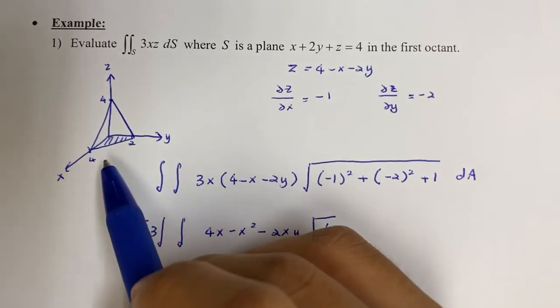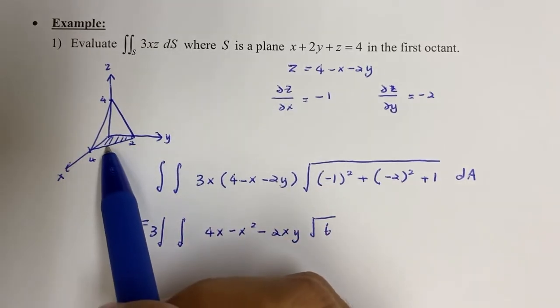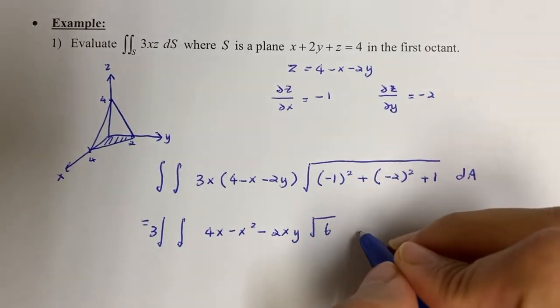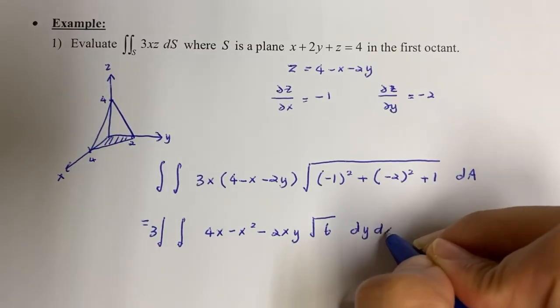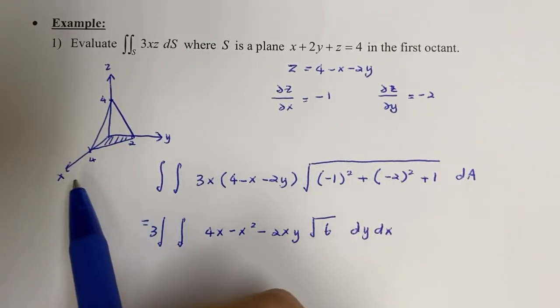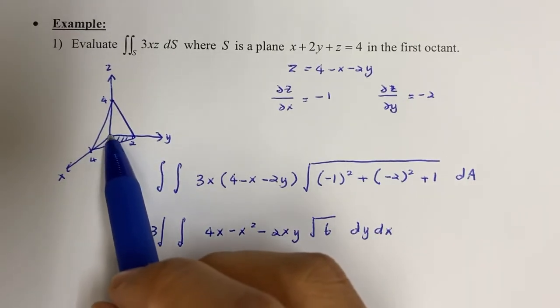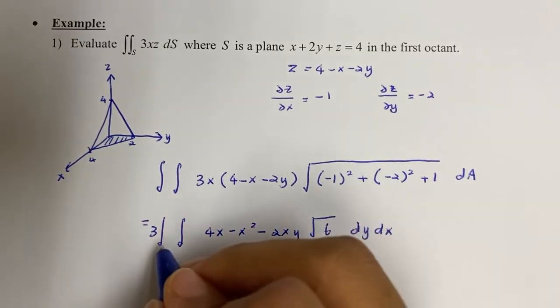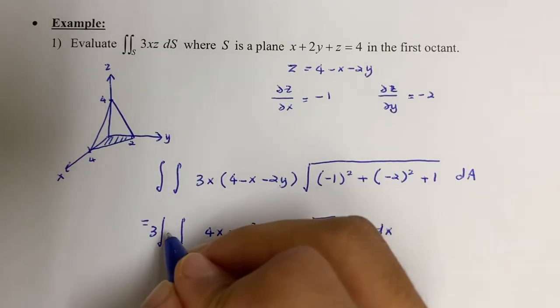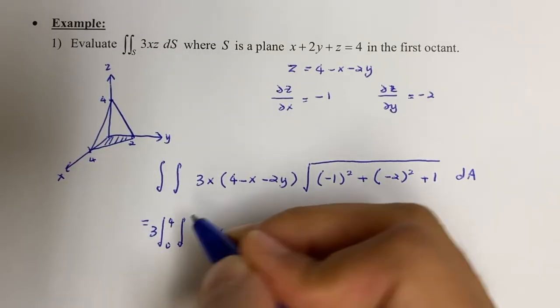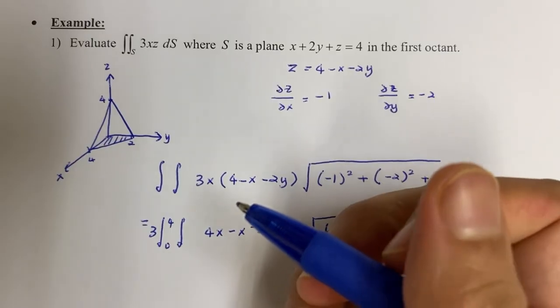Okay, since we decide on this area, we have dy dx, for example. And then we need to know the limits for y and x. Okay, so the x limit is from 0 to 4. You better know this because we have discussed this in chapter 2, the whole chapter.